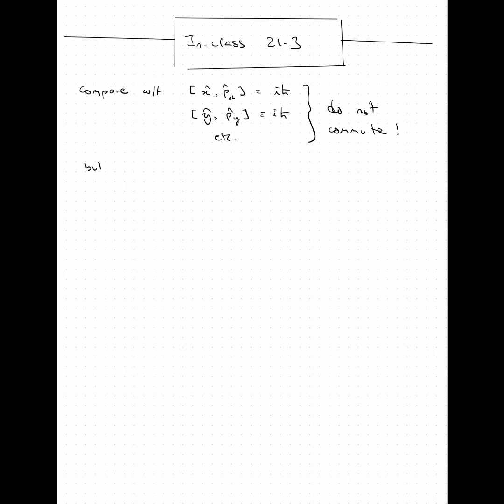And let's take a look at some other commutation relations, like the commutation relation of x and y. That's xy minus yx. That's just equal to 0 because they're interchangeable. Let's make another step.